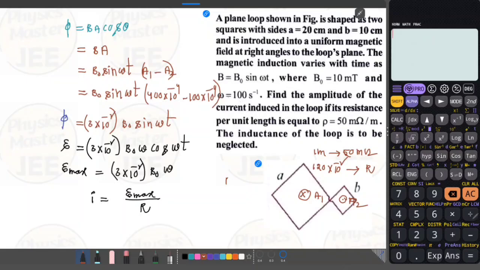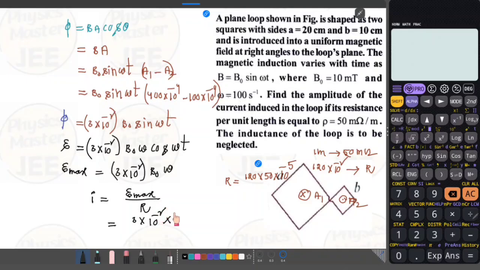Therefore I get R is equal to 120 into 50 into 10 power minus 5. That is R. Substituting here, E max is equal to 3 into 10 power minus 2 into B naught.